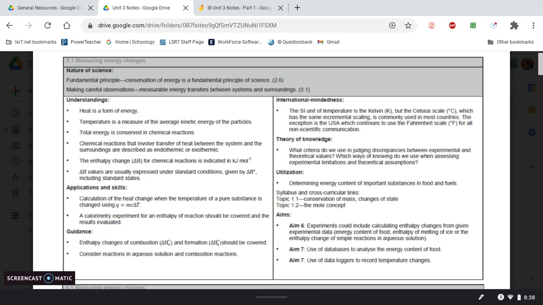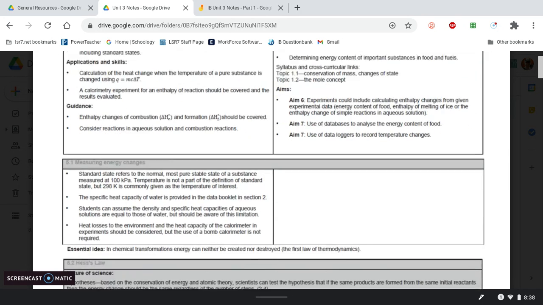We'll do math and we will find delta H. And what that means is change in heat or change in energy. And we get some formulas. So right here, we get Q equals MC delta T. That's a very common formula for finding heat. We just start to look at some of those things, and we'll practice a lot of that stuff.